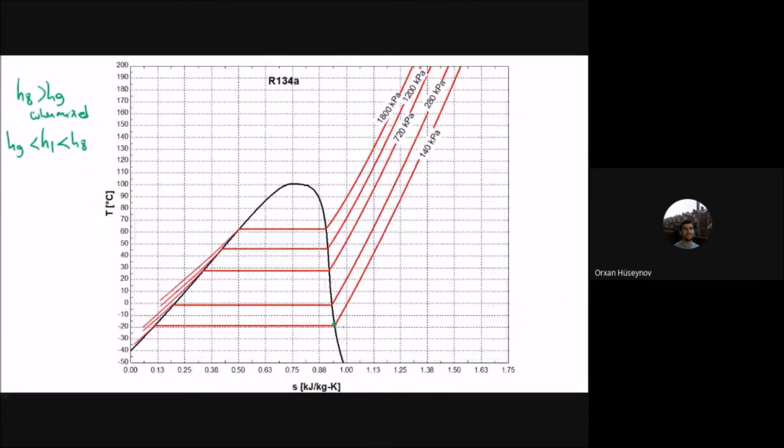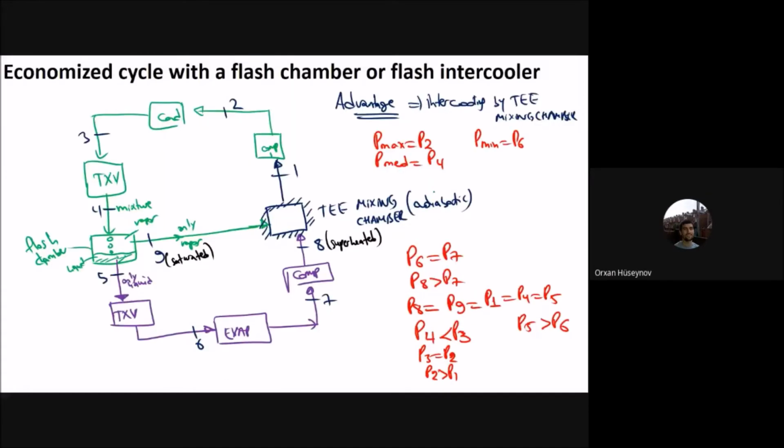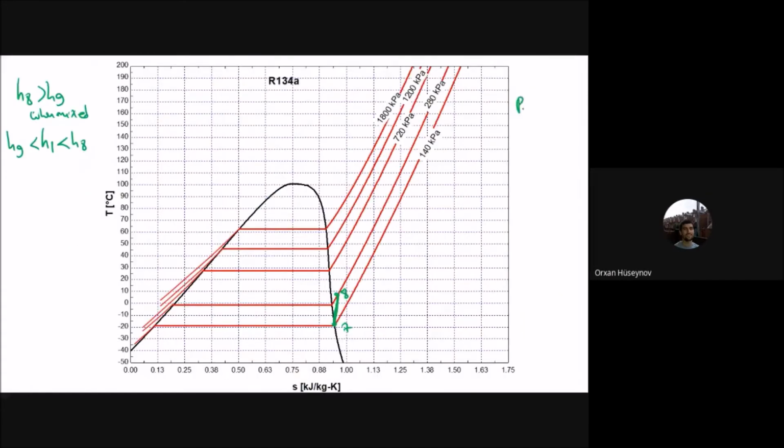Let's start here. You will have that 7. From 7 you will go up to 8 here. But you should notice that I will also take the value as the P minimum. It will be 140, and the P medium 280, and the P maximum it is 720.